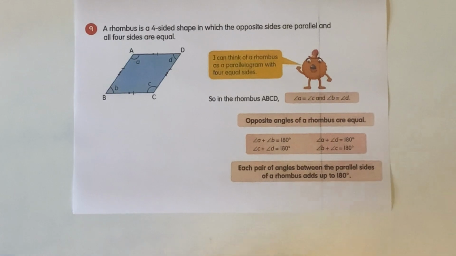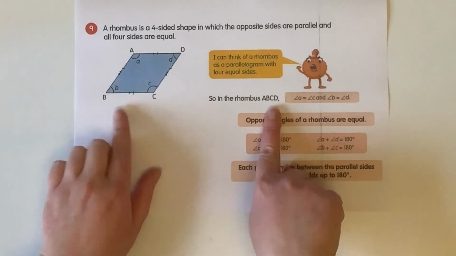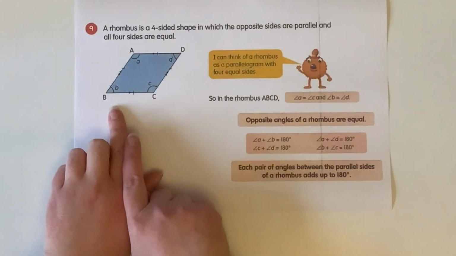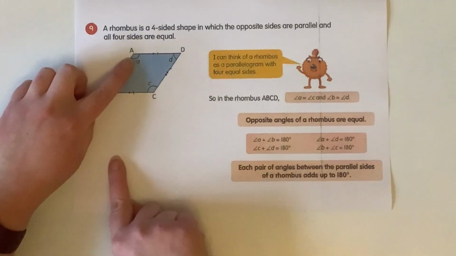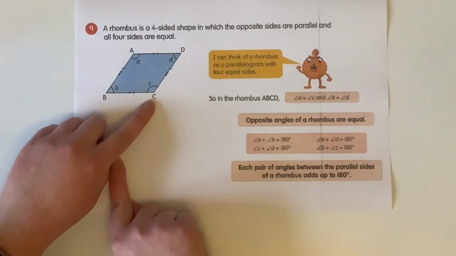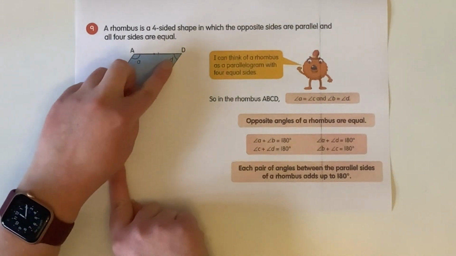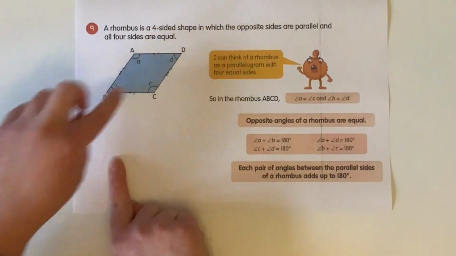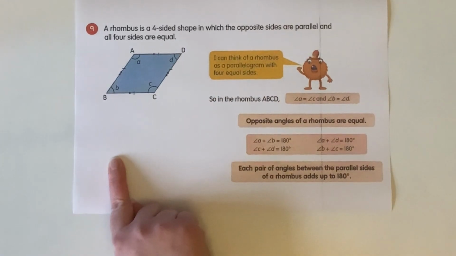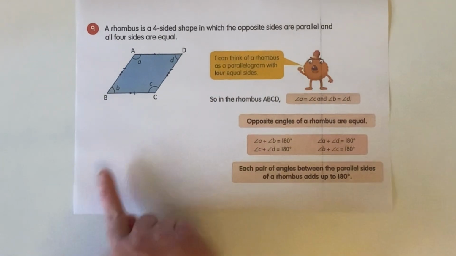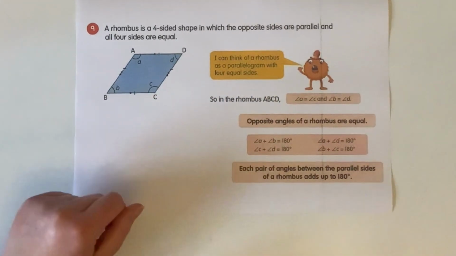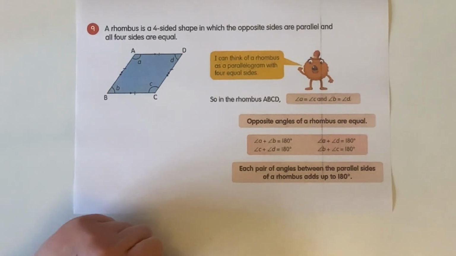So in the rhombus ABCD, angle A is equal to angle C, and angle B is equal to angle D, because the opposite angles are equal. Once again, the pairs of angles between the parallel sides also add up to 180 degrees.